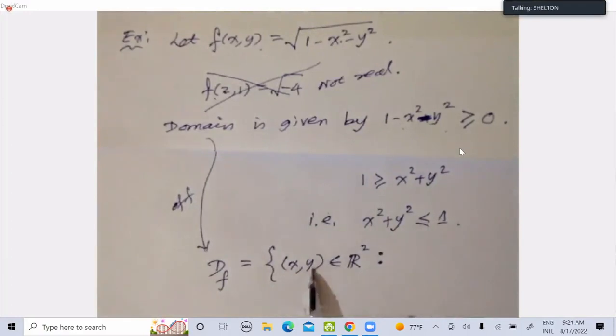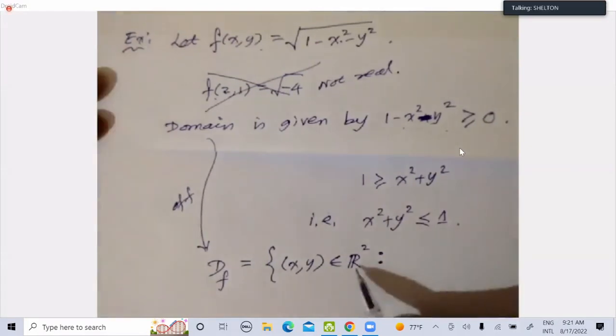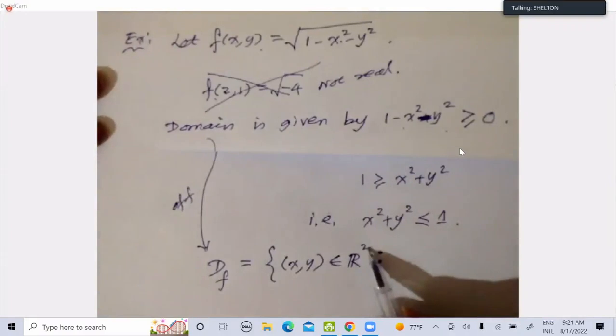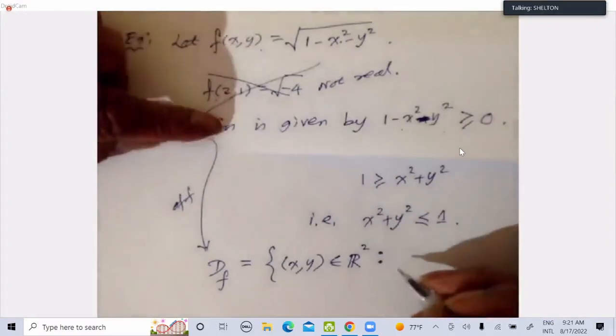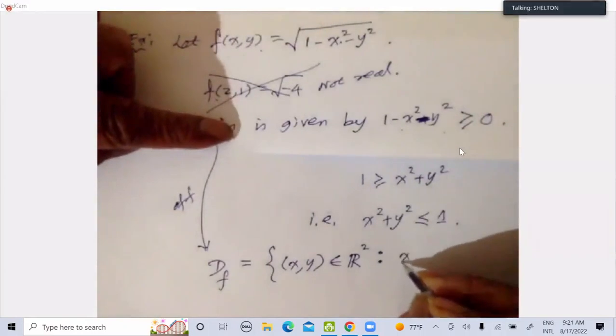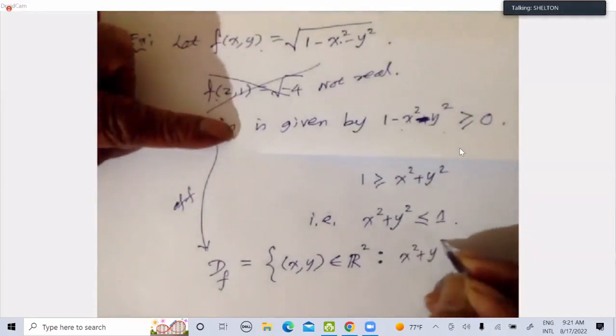What is the meaning of this? Ordered pairs or points in R2 is the same as the xy plane. R2, R squared. You should say R squared, R cubed. (x, y) in R squared, such that x squared plus y squared is less than or equal to 1.